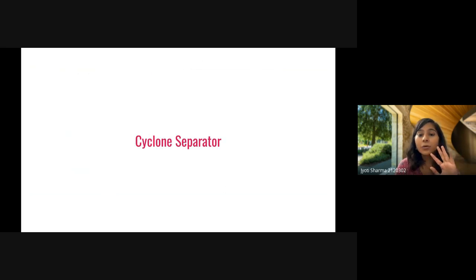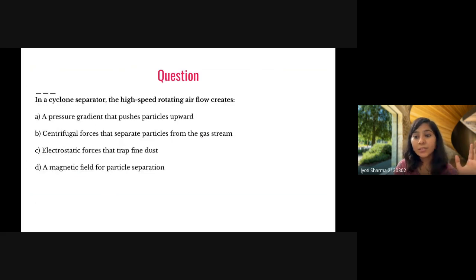Okay, so we have talked about the fabric filter, electrostatic precipitator, and gravity settler. Then a few questions, I think 3 or 4, on the cyclone separator. In a cyclone separator, we have outward force and inward force.